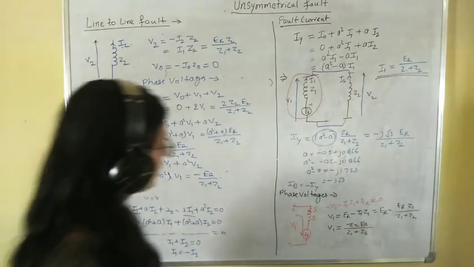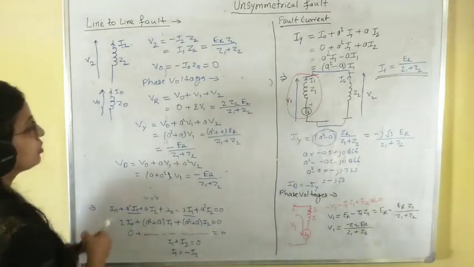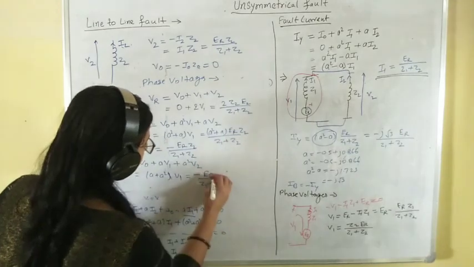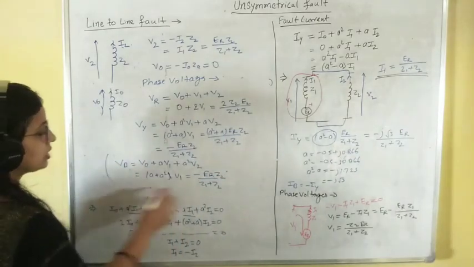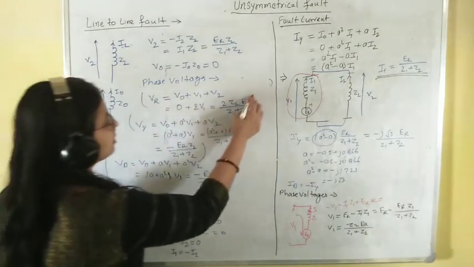Okay, something we are missing, because V1 has a Z2 term also. So we write Z2 also here. Yes. So these are the phase voltages VY and VR.